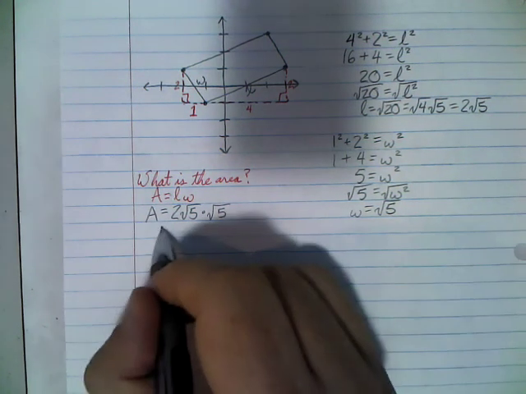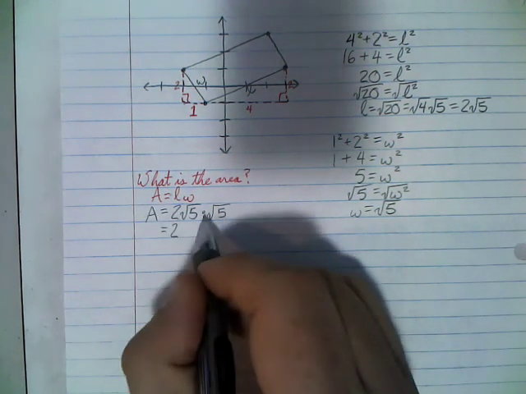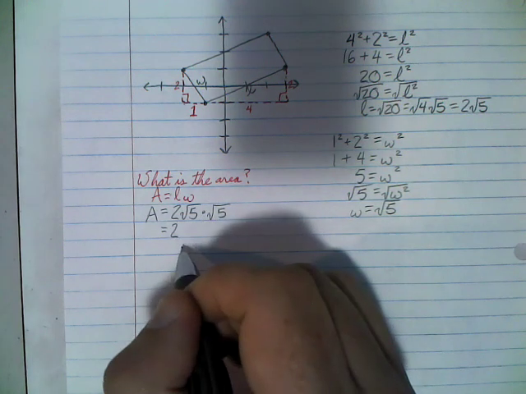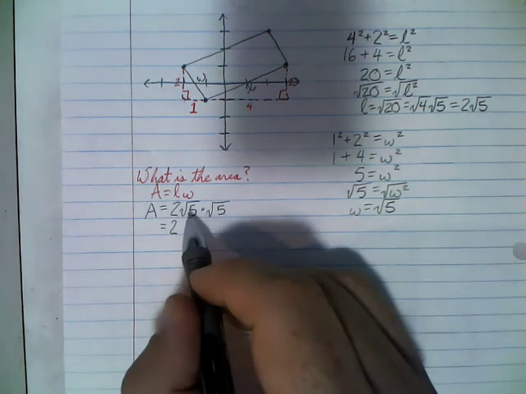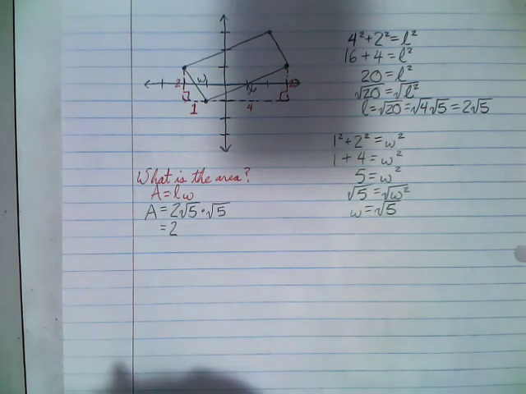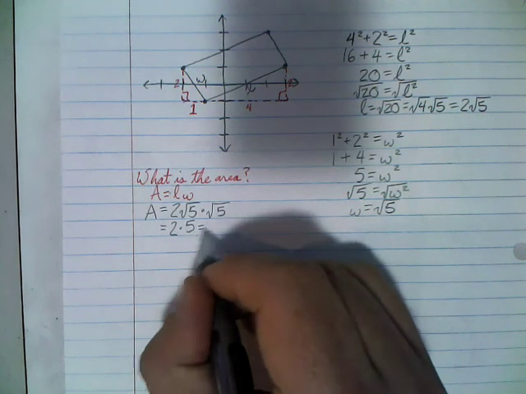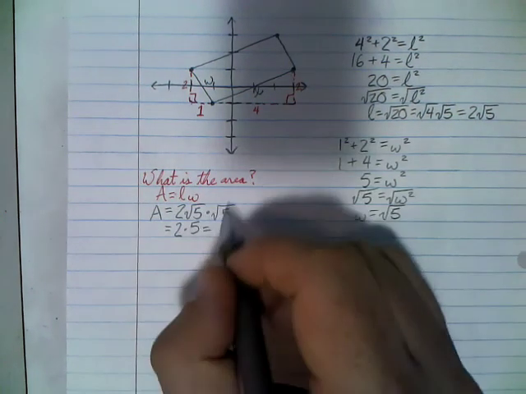And so if we solve that, outside I have a 2, and then an invisible 1 technically. We'll just leave it invisible. So 2 is outside. And then square root of 5 times square root of 5, of course, well, 5. Just plain old 5. Which means that the area of this rectangle is 10.